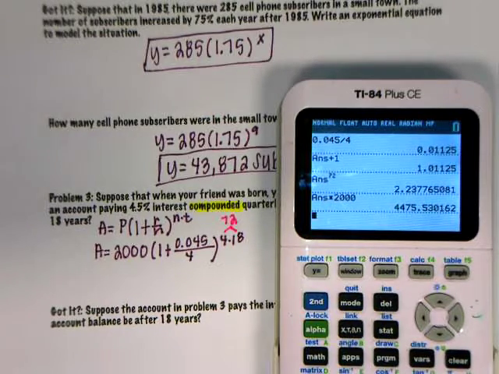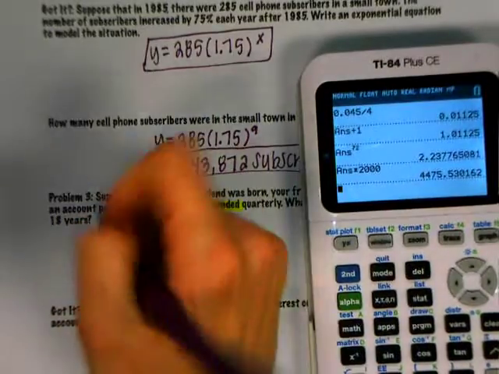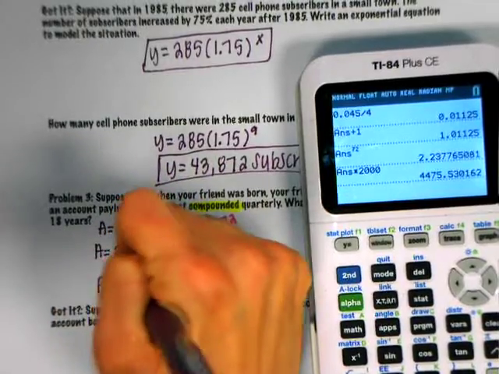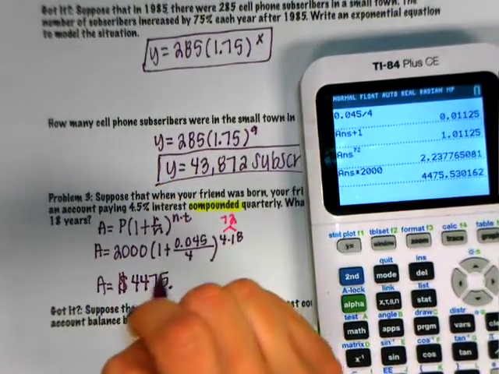Now, I'm going to show you the option of typing the whole thing into the calculator all at once, but there's something you have to do to make sure you get the right answer. Let me write this out real quick. A equals, and make sure you round to the nearest cent the right way.